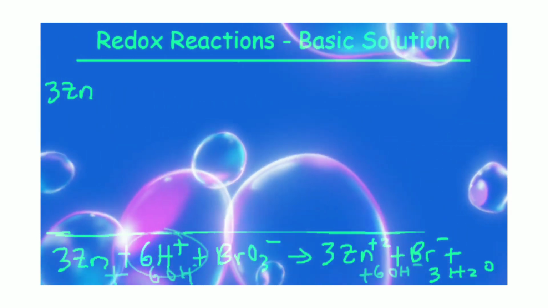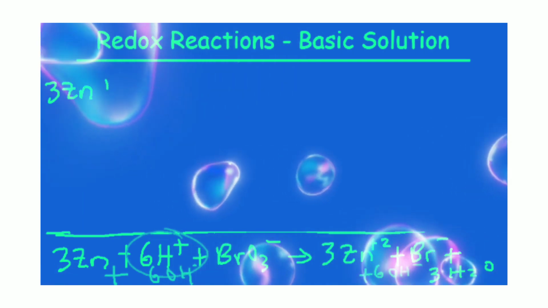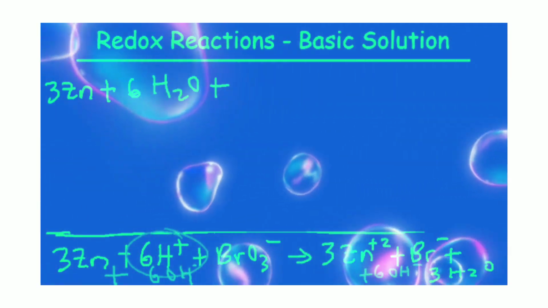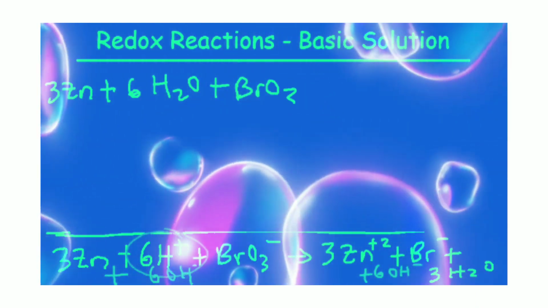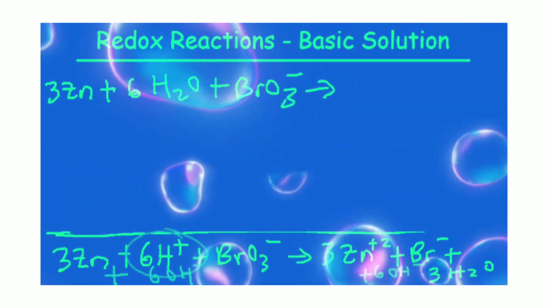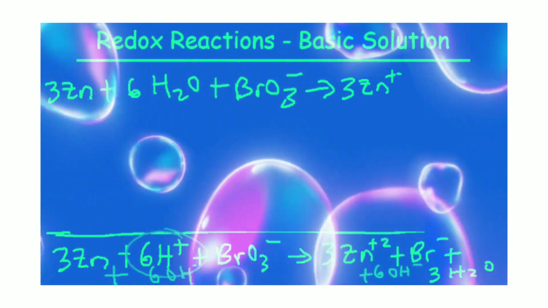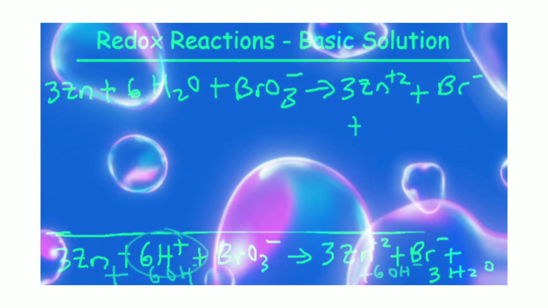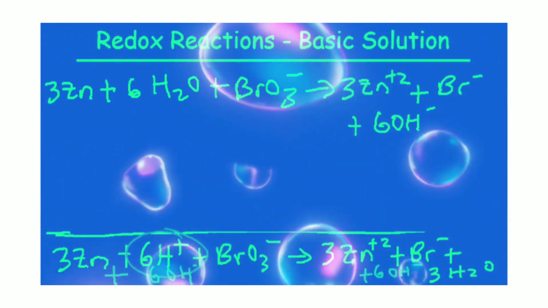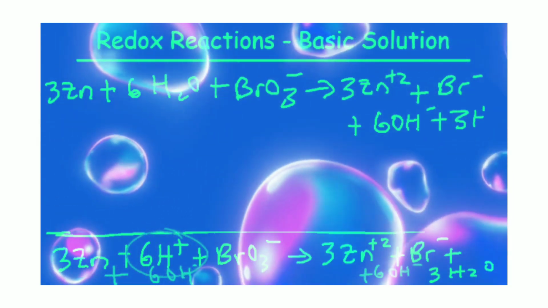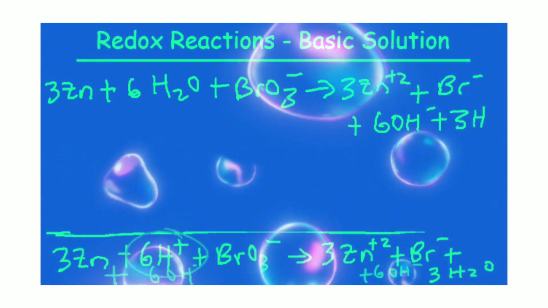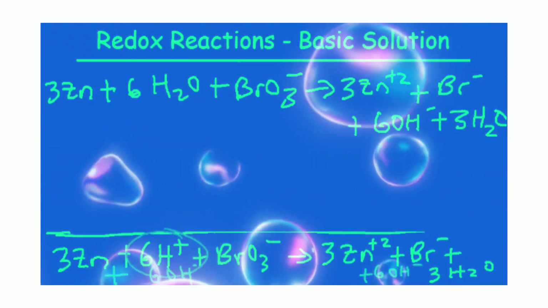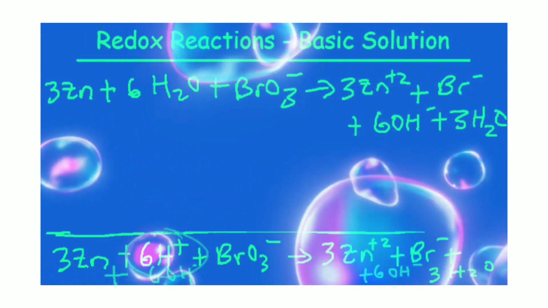Now 6H plus 6 hydroxide ions is equal to 6 water molecules. And then we're going to have 1 bromate ion. And on the right, it's still going to be 3Zn2 plus plus Br minus, but we're also going to have 6 hydroxide ions and 3 H2O molecules. So now we need to subtract both sides by 3 water molecules.